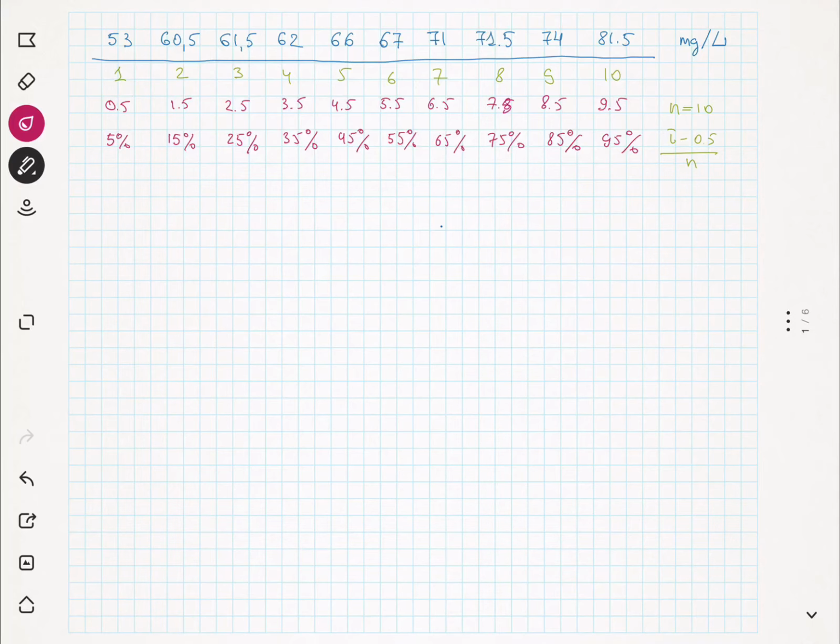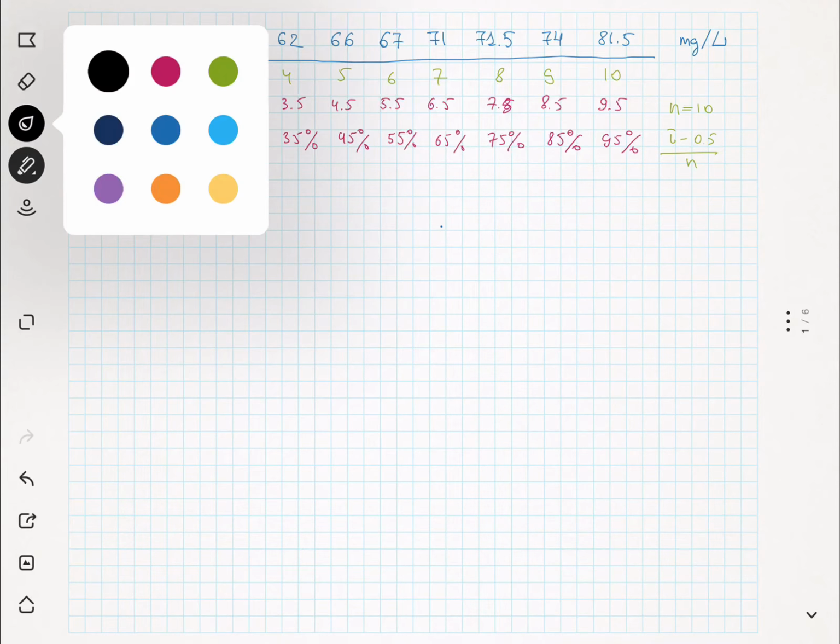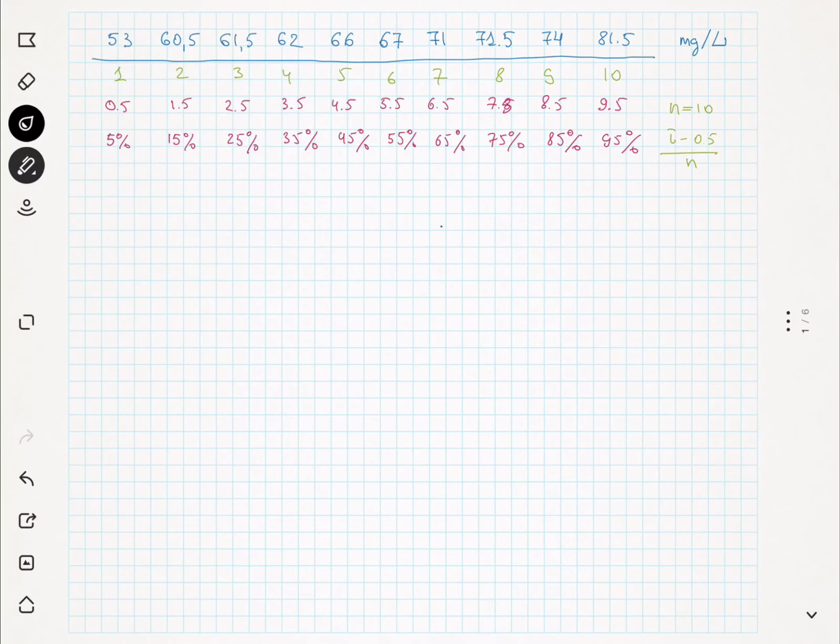Now the next step is to find the quartiles and statistics. So we know that this is the minimum, the smallest value. This is the largest value. Now the first quartile is the 25th percentile. Luckily we have it here, so this is the first quartile.